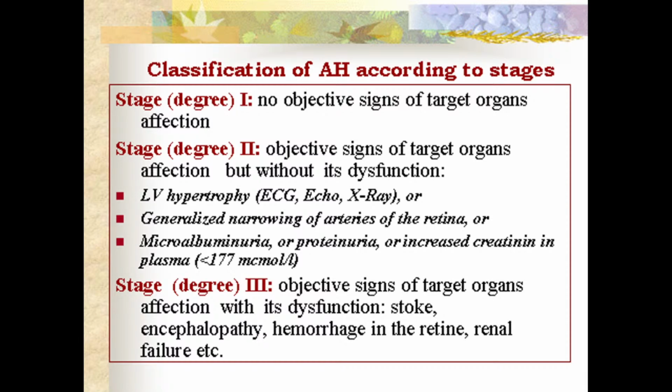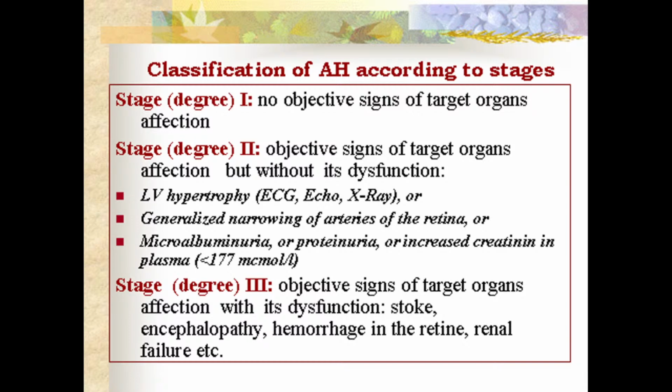For example, you can detect left ventricle hypertrophy on the ECG, on the echocardiogram, on the X-ray of the heart shadow, or you can detect generalized narrowing of arteries of the retina, and you can detect also the signs of affection of kidneys, such as microalbuminuria or proteinuria, or increased creatinine in plasma.